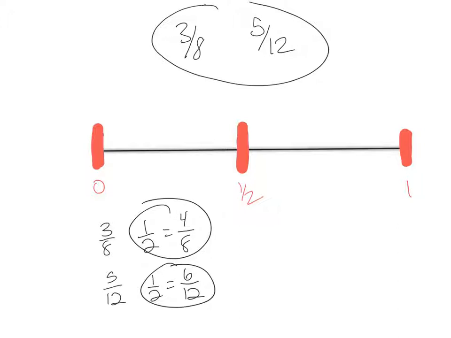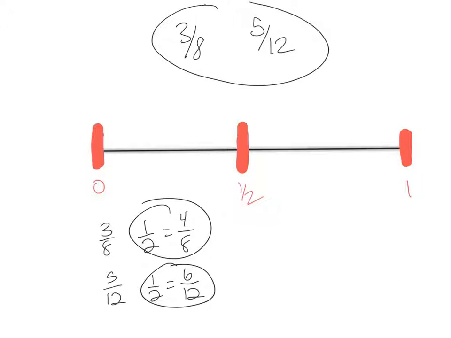Well, the biggest thing that you do is ask which one is closer to the half, right? I gave you a really odd example because they're both pretty close to each other. But what you would do is see that 3/8 is pretty close to 4/8, but 5/12 is closer to 6/12.